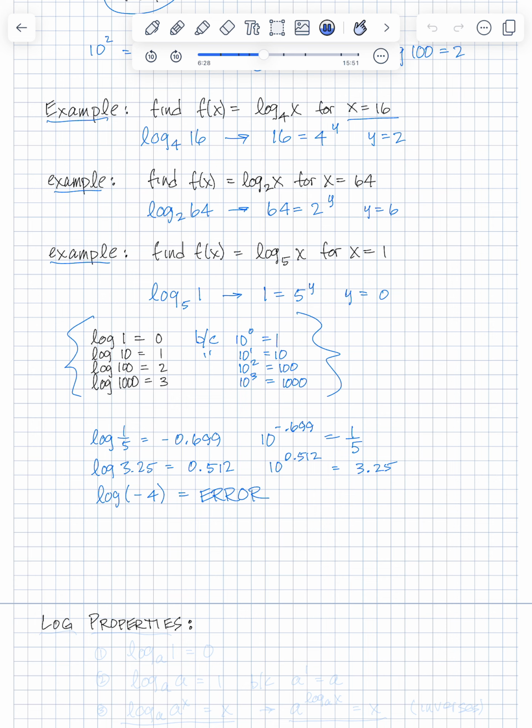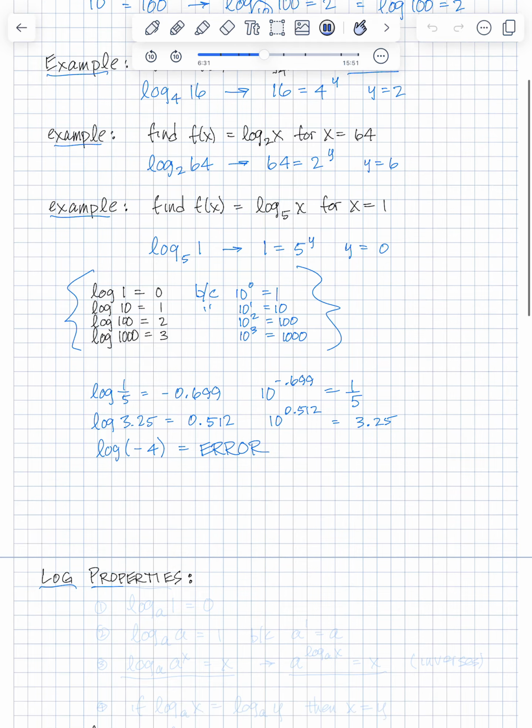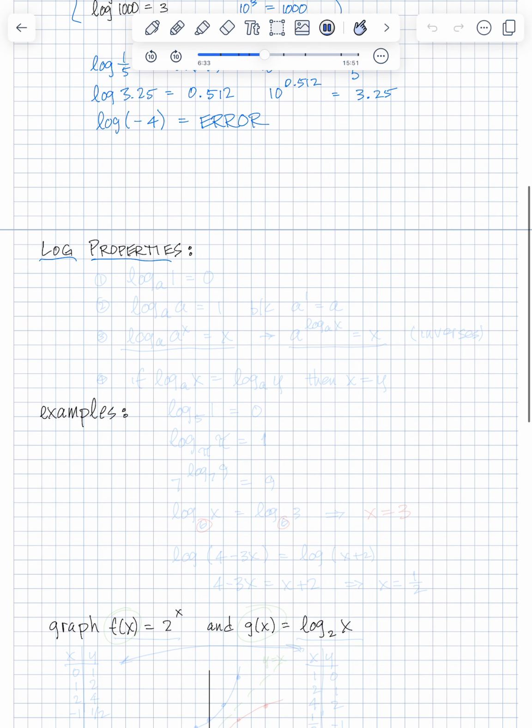So let's look at some helpful log properties. A couple of them we've already talked about. First one: log base a of 1 is equal to 0. The other one we talked about is log base a of a is equal to 1, and that's because a to the 1 is just equal to a.